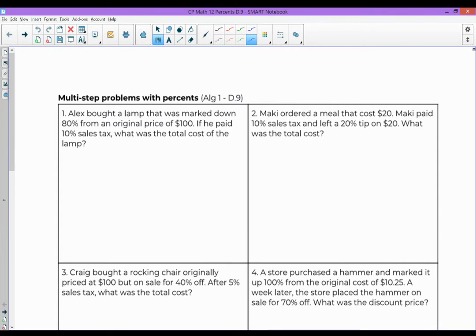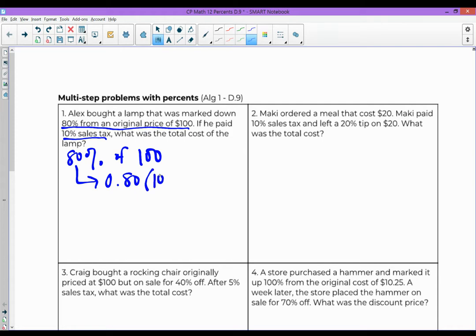So, number one, Alex bought a lamp that was marked down 80% from an original price of $100. If he paid 10% sales tax, what was the total cost of the lamp? So, if it was marked down 80%, that means we need to find 80% of 100, which we can rewrite as 0.80 times 100.